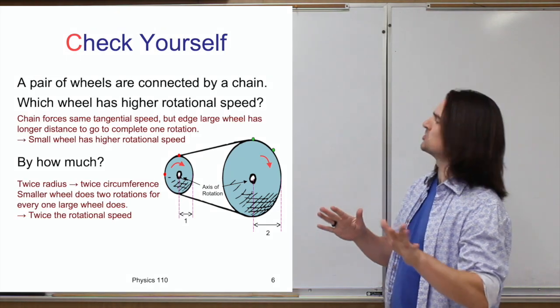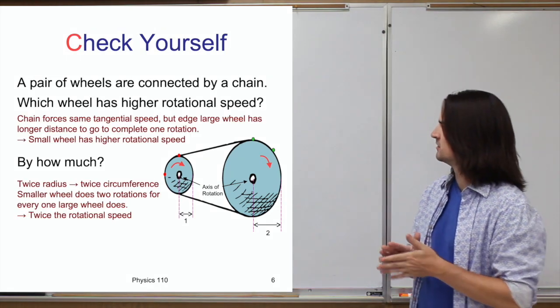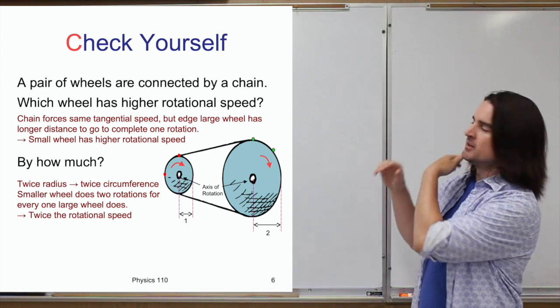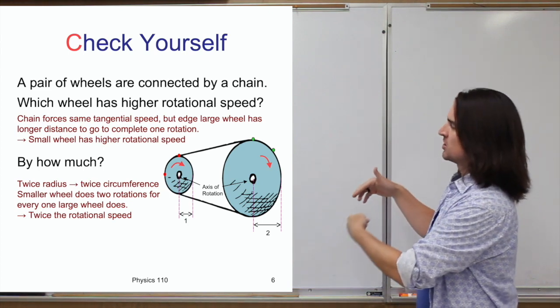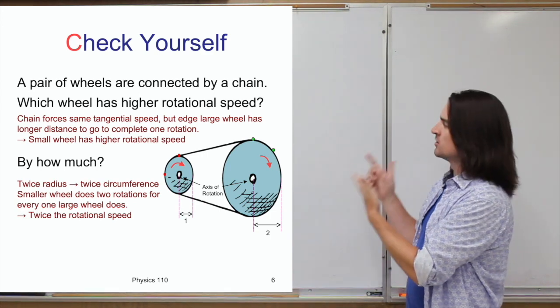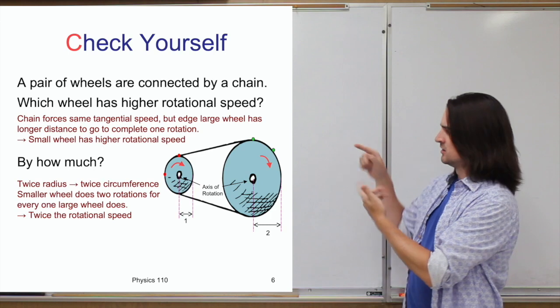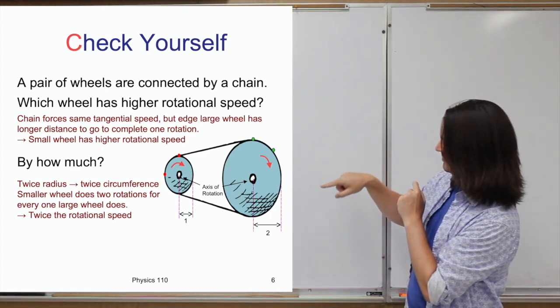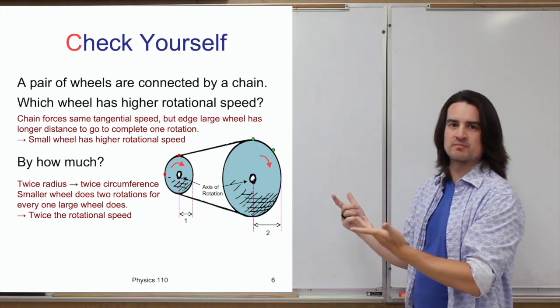Okay, so these were kind of tricky, so don't worry if you didn't get a good answer, or you weren't able to get the correct answer here. But in this situation, since there's a chain that's connecting these two wheels, the chain is essentially forcing the tangential speed around the edge of each of the wheels to be the same, right?